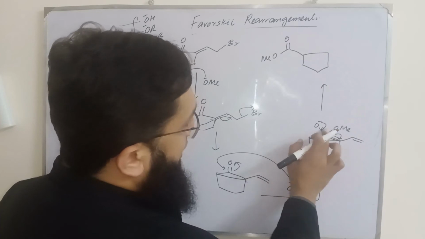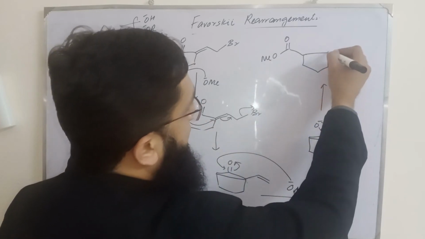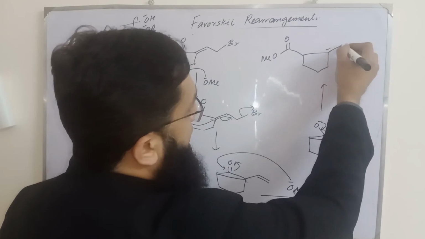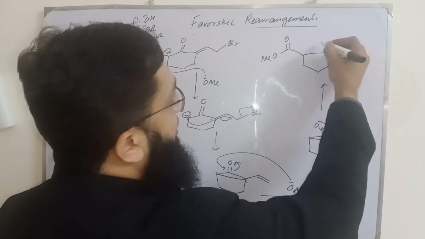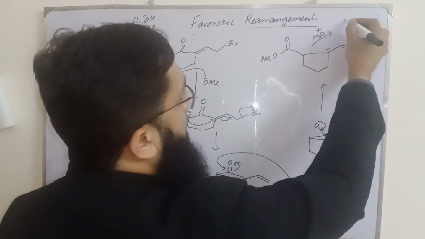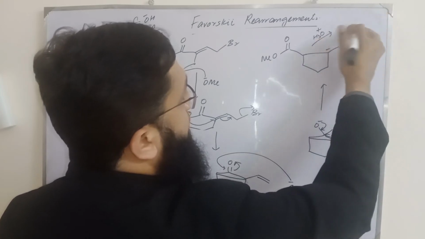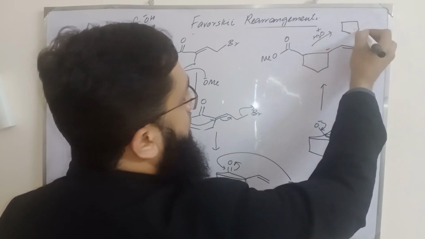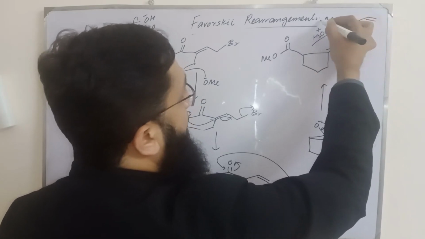So this ester would stay on this carbon like here, and we would get the negative charge here, which can be protonated, and after the addition of acidic water, we would get this one.